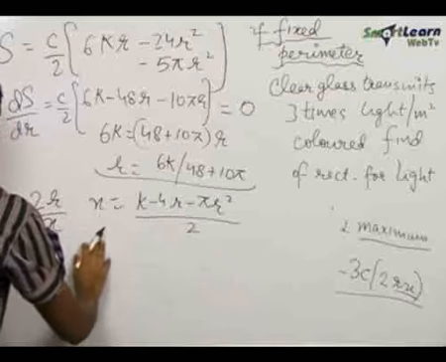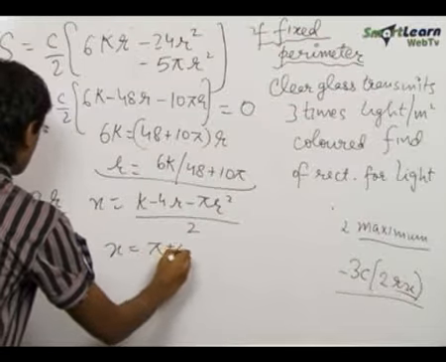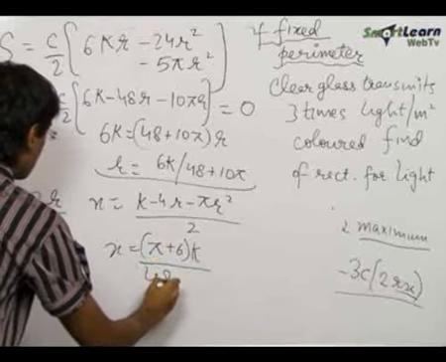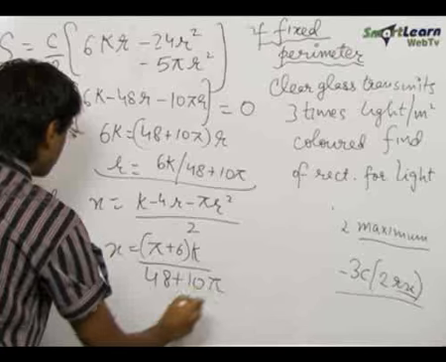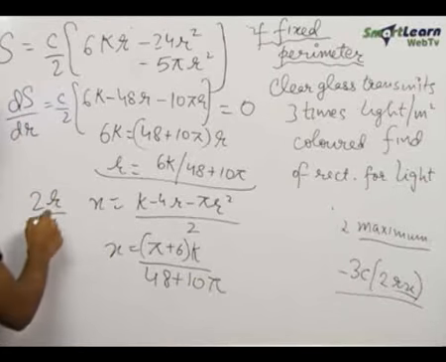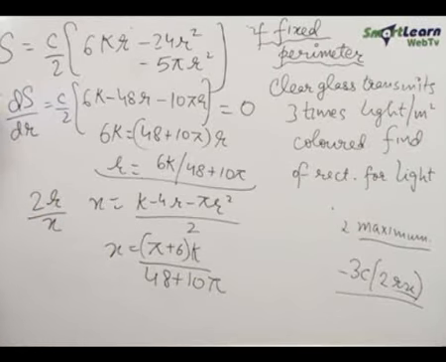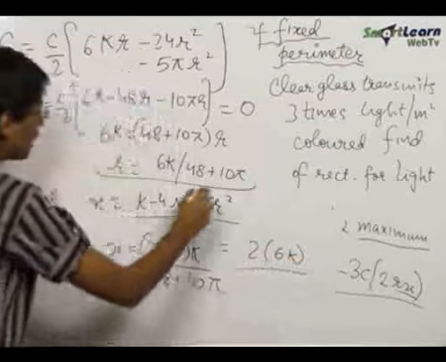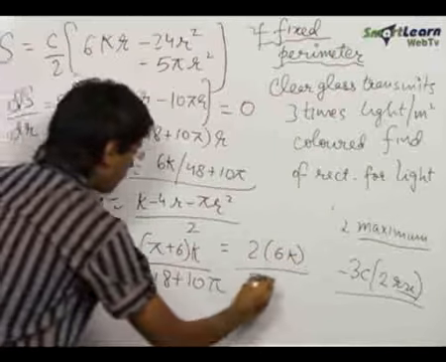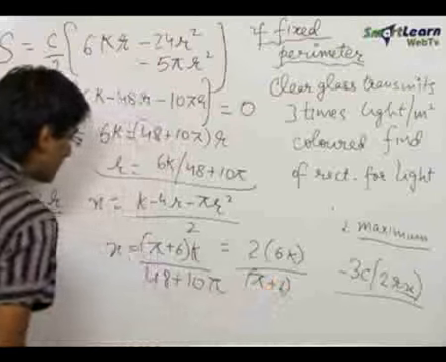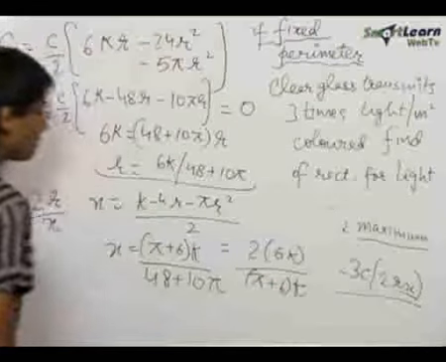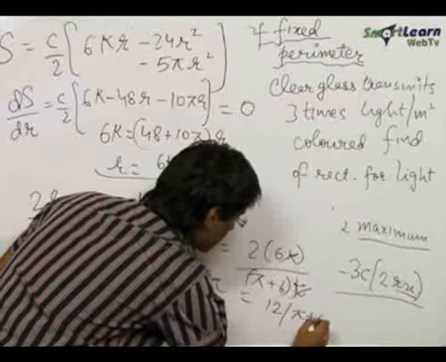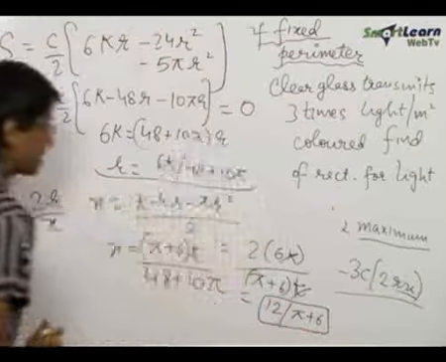This gives us the value of x to be equal to (pi plus 6) times k upon 48 plus 10 pi. So 2r upon x comes out to be equal to 2 into 6k, the 48 plus 10 pi factors cancel, upon (pi plus 6) k. The k and k get cancelled and we get 12 upon pi plus 6.